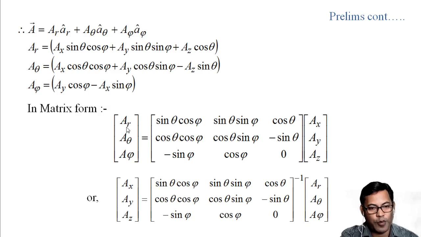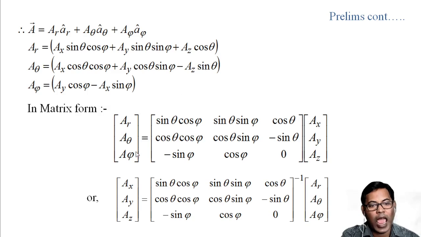The first equation: AR equals sin theta cos phi into AX plus sin theta sin phi into AY plus cos theta AZ. Similarly, the second: A theta equals cos theta cos phi AX plus cos theta sin phi AY minus sin theta AZ.